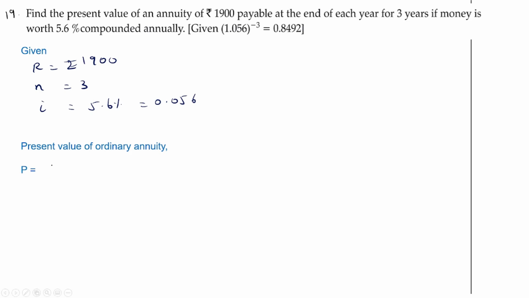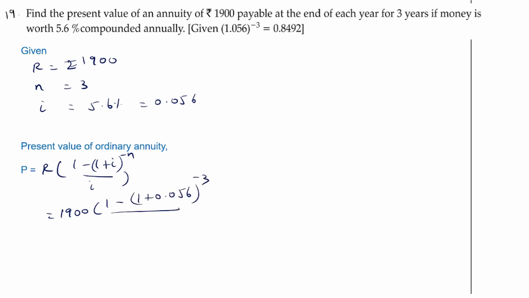So the present value of ordinary annuity is given by R into 1 minus 1 plus I the whole raised to minus N upon I. It is 1,900 into 1 minus 1 plus 0.056 the whole raised to minus 3 upon 0.056. 1,900 upon 0.056 comes out to be 33,928.59 into 1 minus 1.056 the whole raised to minus 3, which is given as 0.8492.